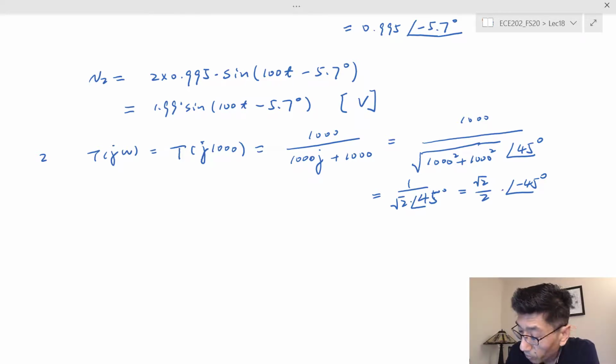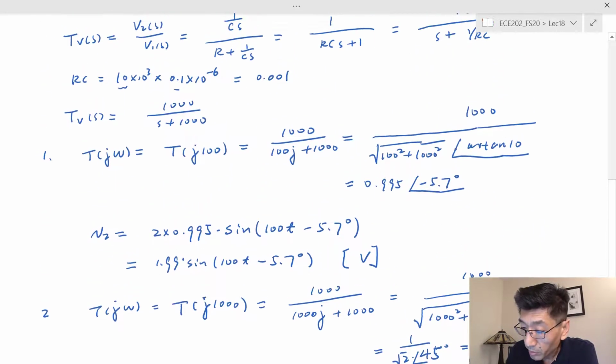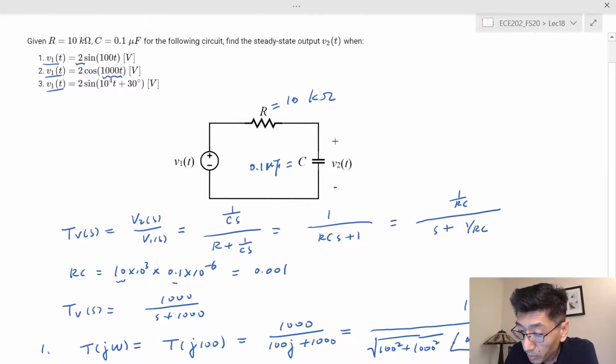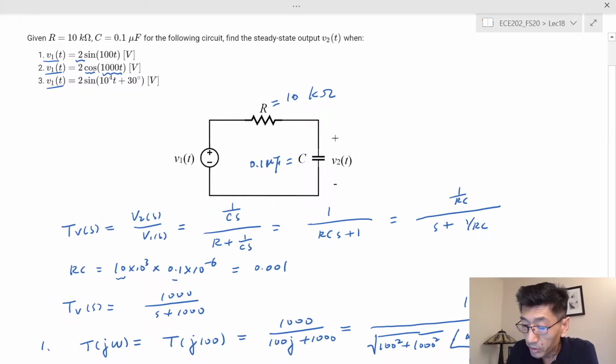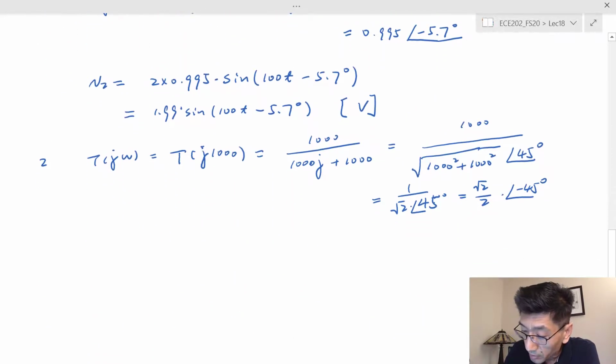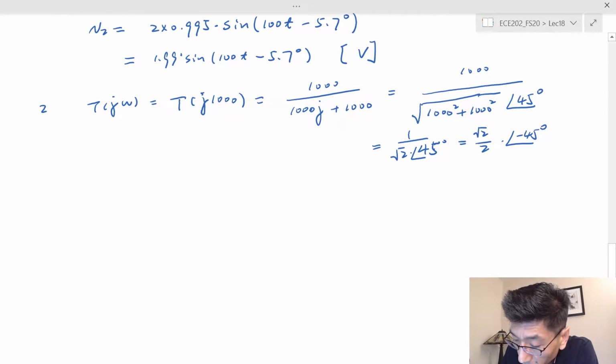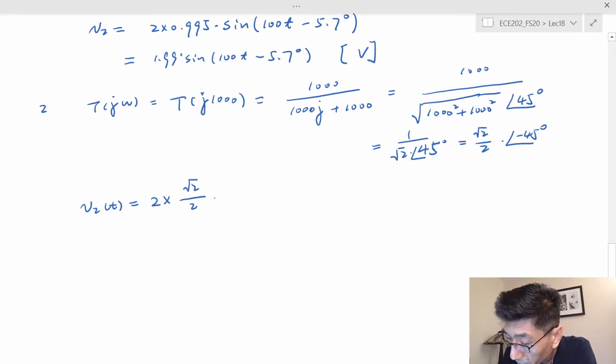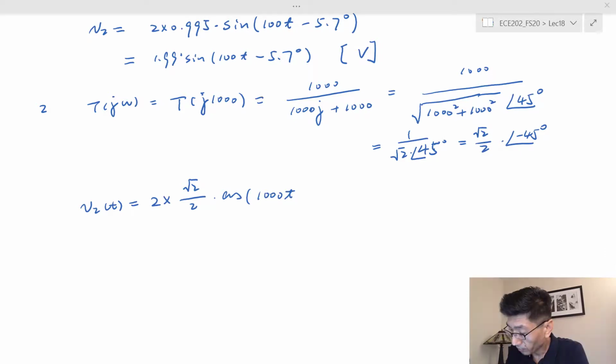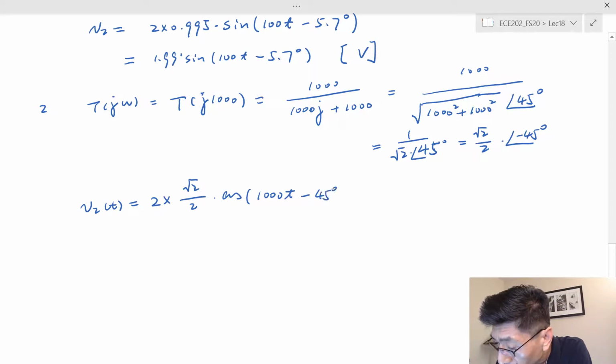Then we can get the output. The input now is a cosine function, so make sure we use cosine. V2(t) is going to be equal to 2 times square root 2 over 2 times cosine of 1000t minus 45 degrees.